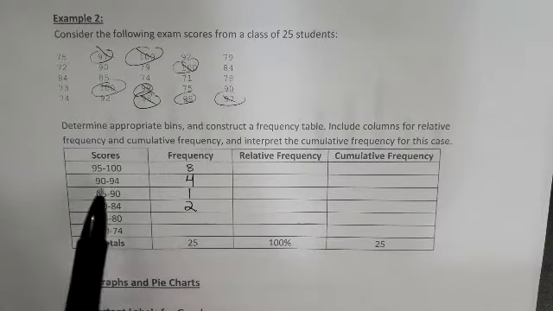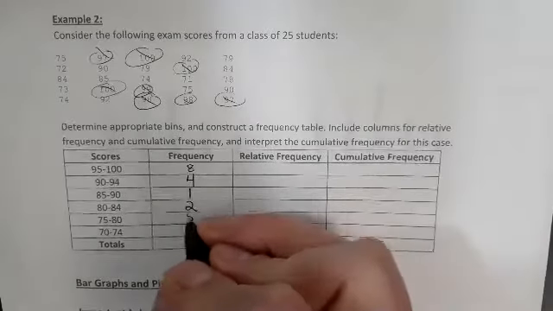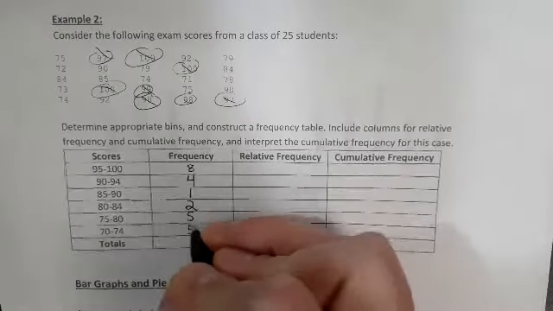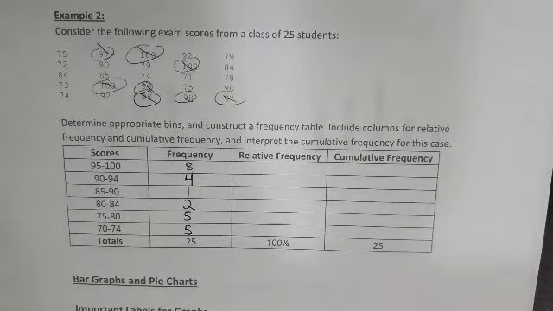And 90 to 94, we include the 90. We are including the endpoints on these things, right? And 75 to 80, we get 5, and we get 5. And I don't want to rely on my eyes to make sure I got every last single one. So if I want to double check this, if I do 8 plus 4 plus 1 plus 2 plus 5 plus 5, I should be getting 25 total.